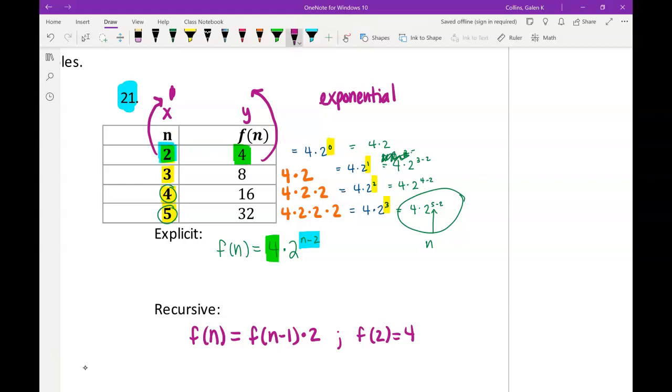So working backwards, I could think of I'm dividing by 2. So that would be a 2. And if I go back to where n is 0, 2 divided by 2 is 1. So if anyone wrote the equation f of n equals 1 times 2 to the n power, that works as well.